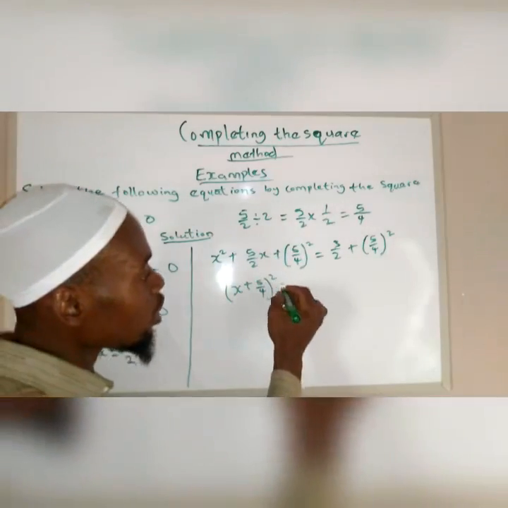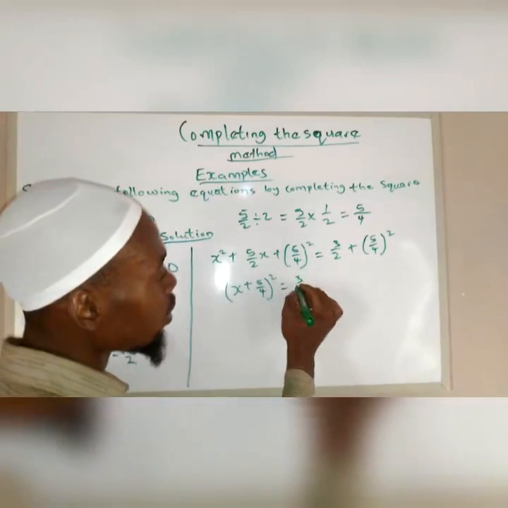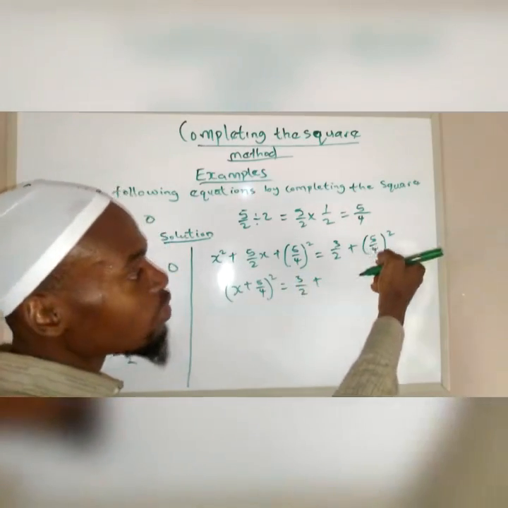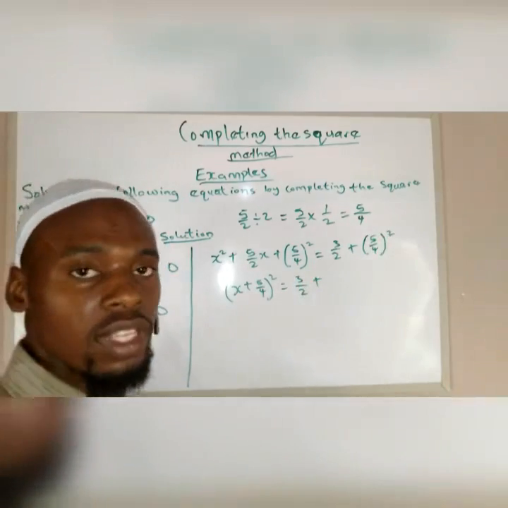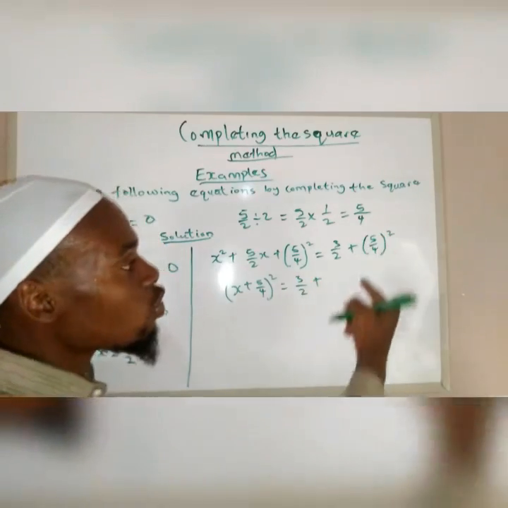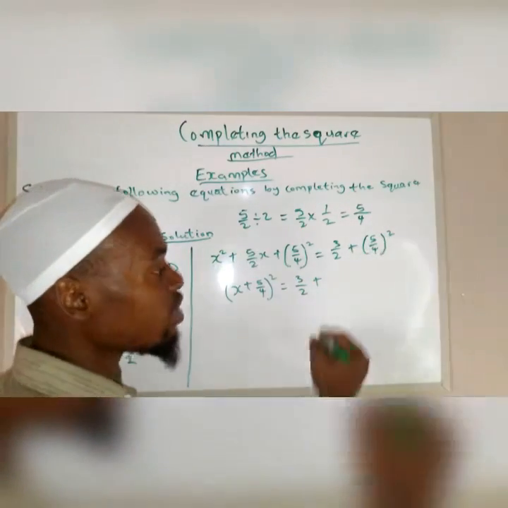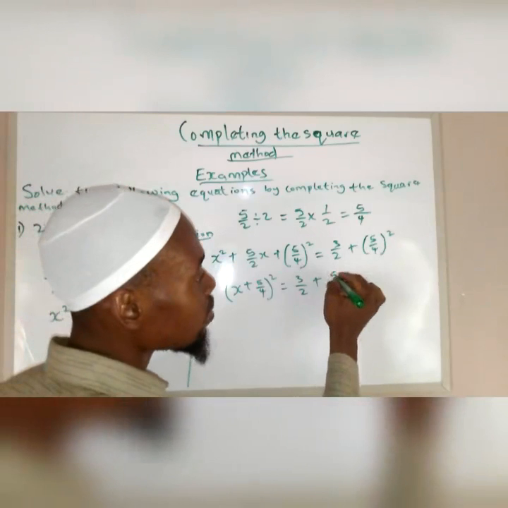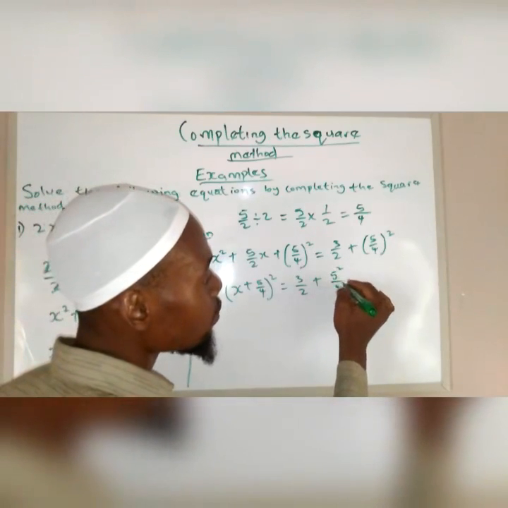So everything will be equal to 3 over 2 we have here, plus here you have to evaluate what is in the bracket. Now 5 over 4 all squared means it's still the same thing as 5 squared divided by 4 squared.